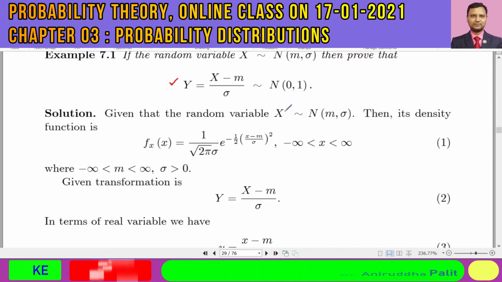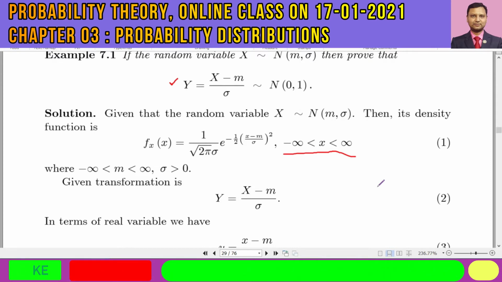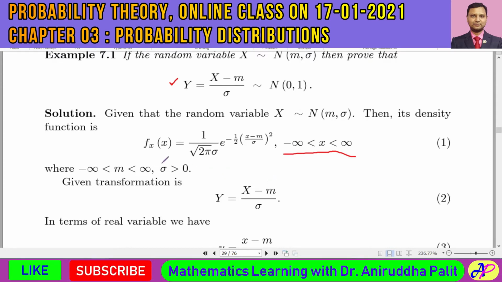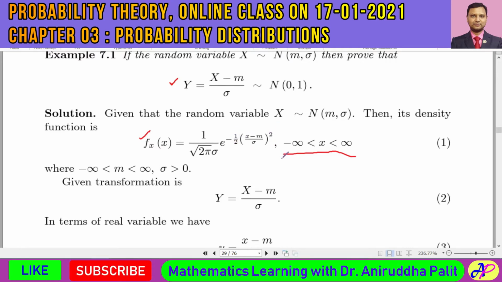Over here, x follows a normal distribution with parameters m and sigma. So this would be the spectrum: minus infinity less than x less than infinity. And this is the density function of the random variable x: 1 by root over 2 pi sigma, e to the power of minus half ((x minus m) by sigma) whole squared.